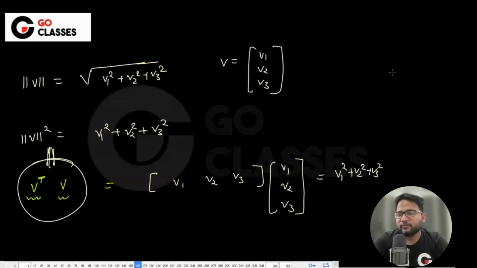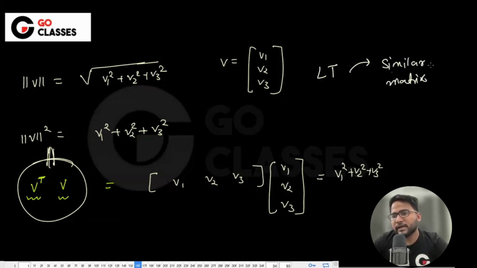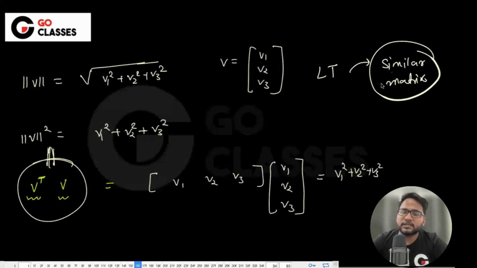But in the flow I started SVD because we started from linear transformation. From the linear transformation, I motivated the idea of similar matrices. Can anyone tell me, in the context of linear transformation, what similar matrices are? They do the same transformation in different bases, right?